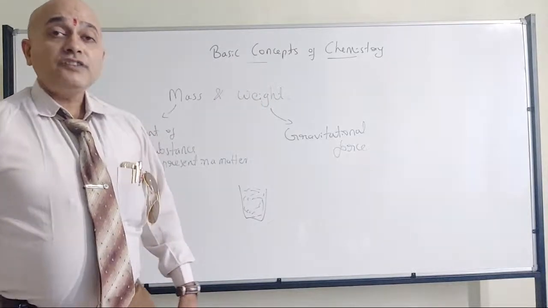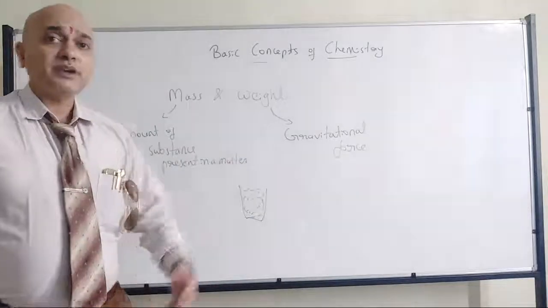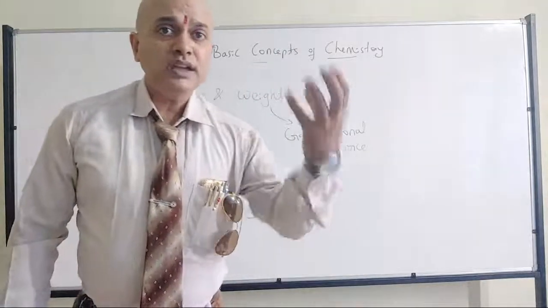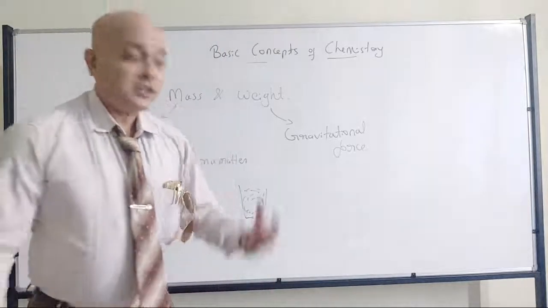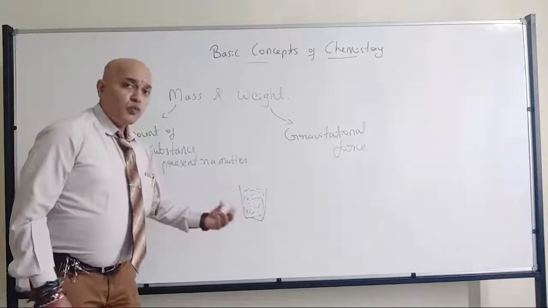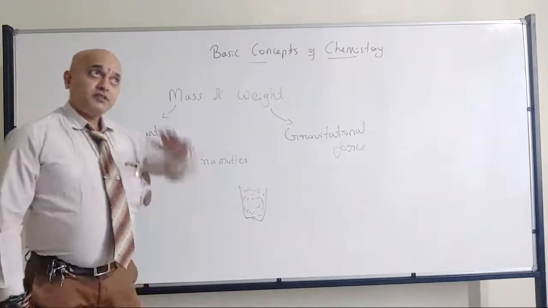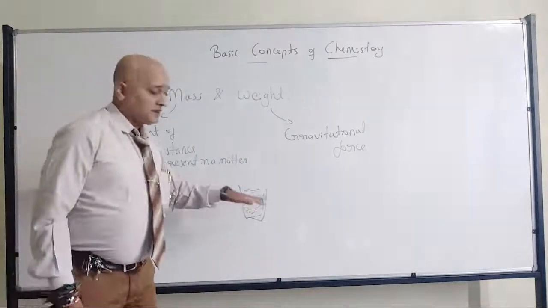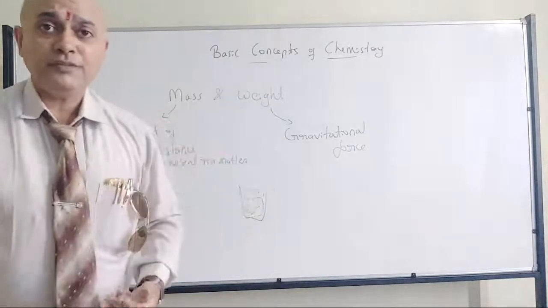But if I see with respect to the weight, which is related to gravitational force, then at Mangalore it can show one value. If I take this to Manali, the top region, or Kashmir, the top of the Himalaya, it can have a different value.